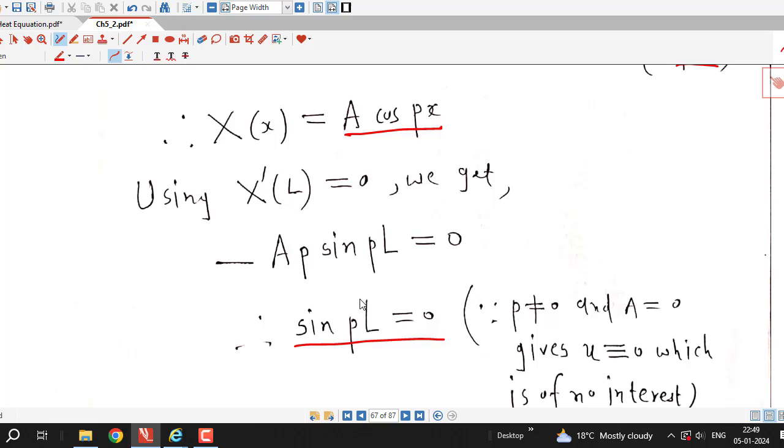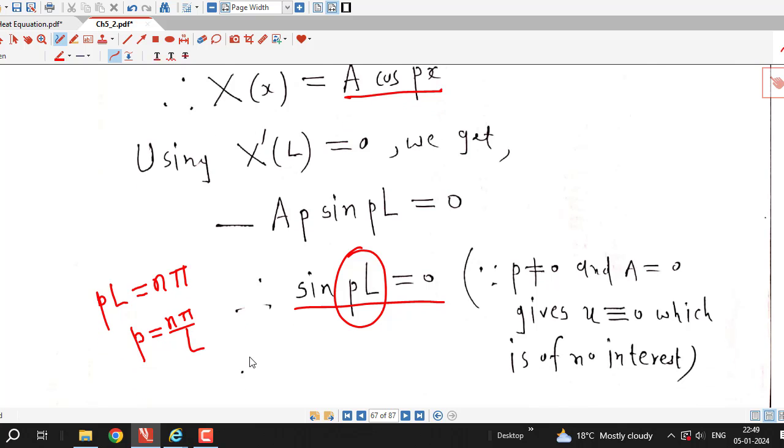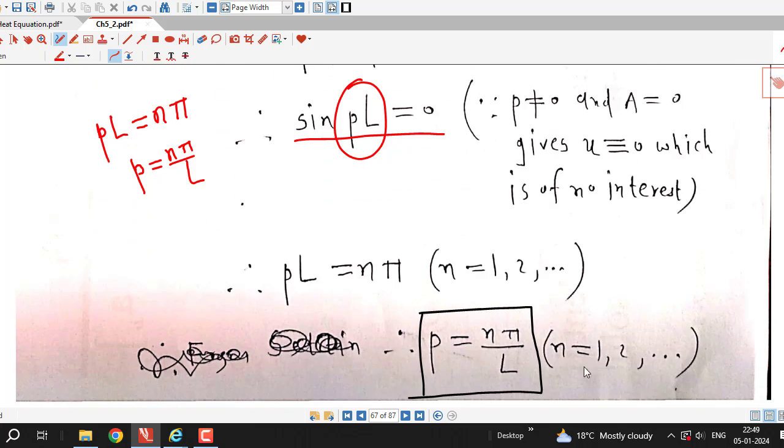And if sin pL equal to 0, then we must have pL equal to integer multiple of pi, therefore p equal to n pi divided by L. So that we have written here. N is any integer, but to consider independent functions we are considering positive integers only.